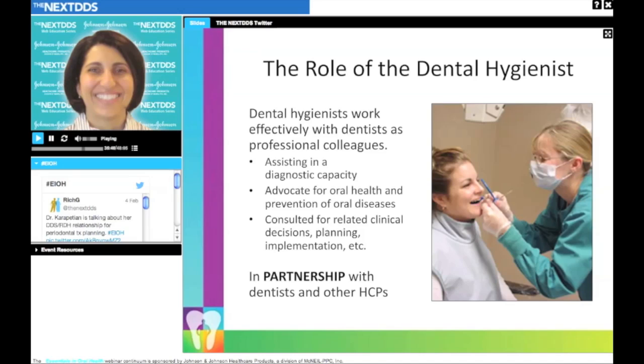So it's very important to have that trust with your hygienist, but let them know that you are in the driver's seat. And it also goes back to taking good radiographs. You can't take a radiograph just to take a radiograph. The radiograph must be diagnostic.